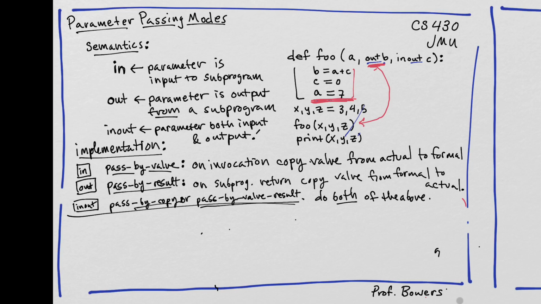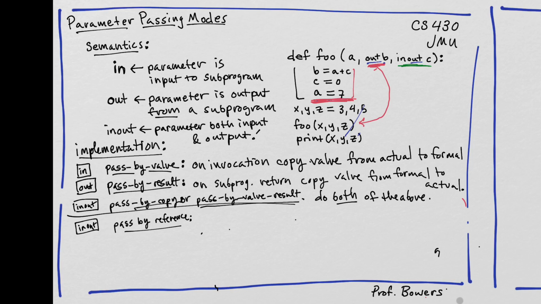Then there are actually a couple more ways of doing in-out, and so we're going to look at those next. The next method of doing in-out mode is called pass by reference. And here, when we create an in-out mode parameter, like C, we don't actually copy values.